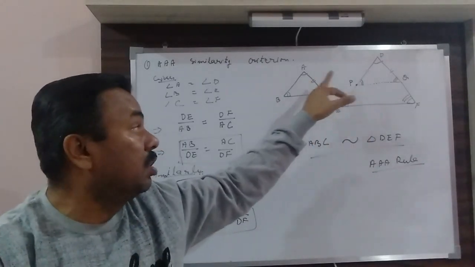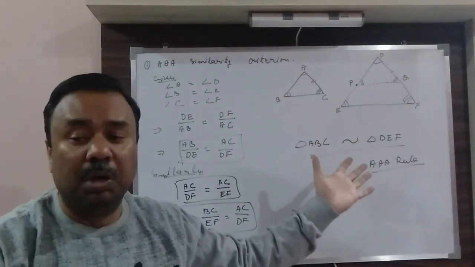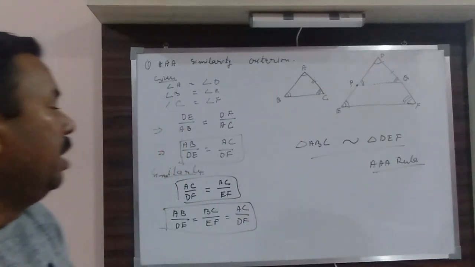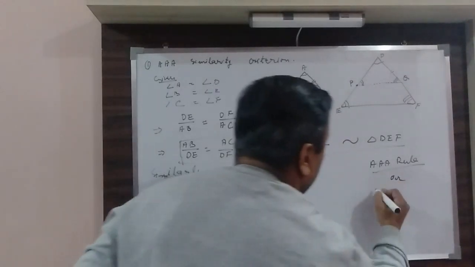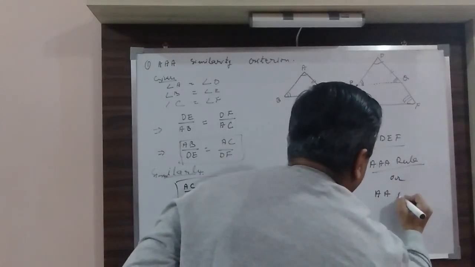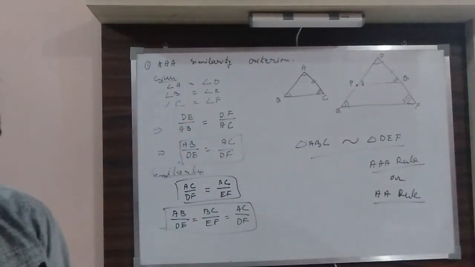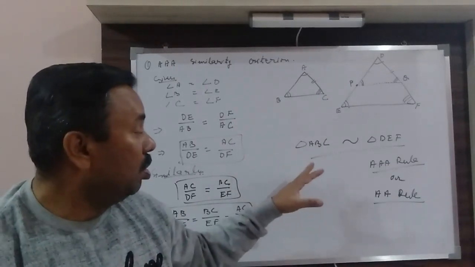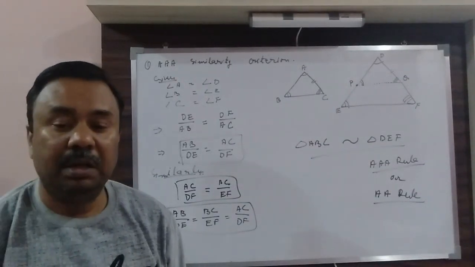So if two of the corresponding angles are equal, the third angle has to be equal. So instead of saying AAA rule, sometimes we also say AA criterion or AA rule. Even if two corresponding angles are equal, the triangles are similar.